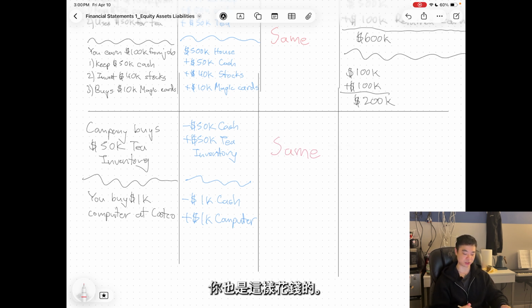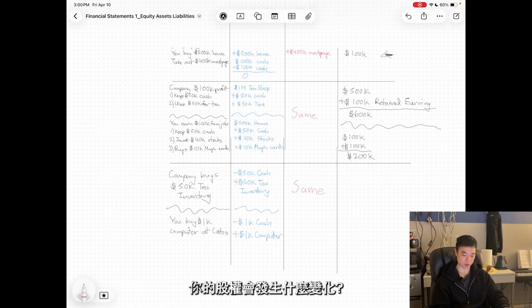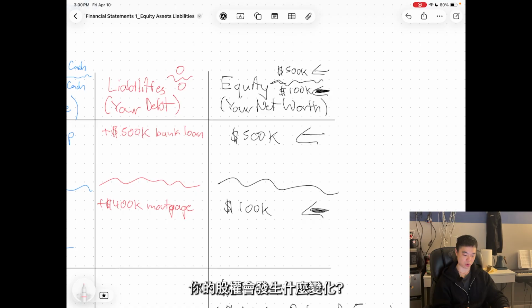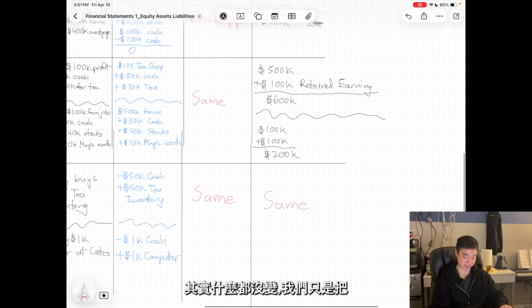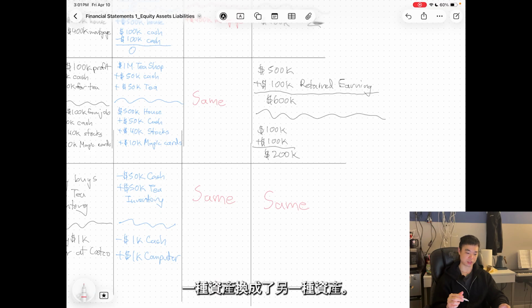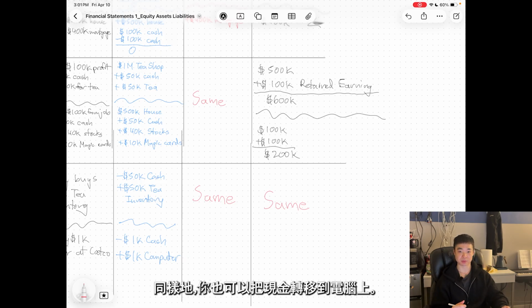And similarly, you spent your cash. You did not take out any more debt either. What happens to your equity? Well, nothing changed, because all we did was switch one asset for another. The company switched cash to tea inventory, and similarly, you switched cash to a computer.